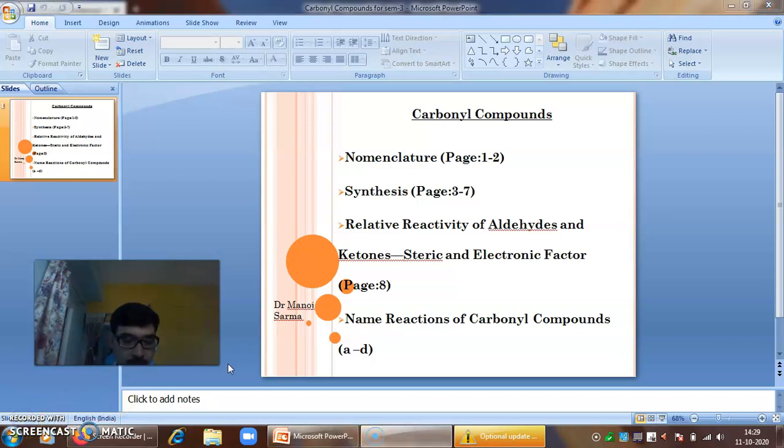Then again, in the same page number 5, synthesis of carbonyl compounds from alkynes. So alkynes, when treated with borane, actually BH3, in presence of tetrahydrofuran, which acts as solvent, we will get trialkenyl borane.